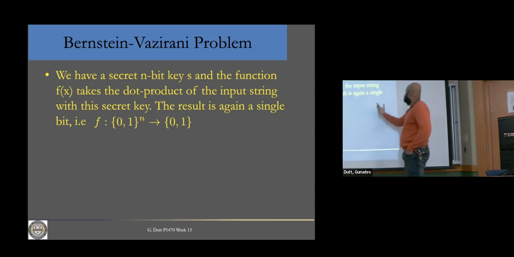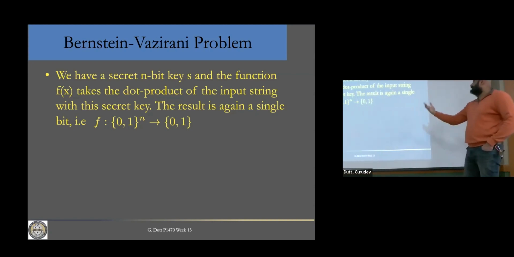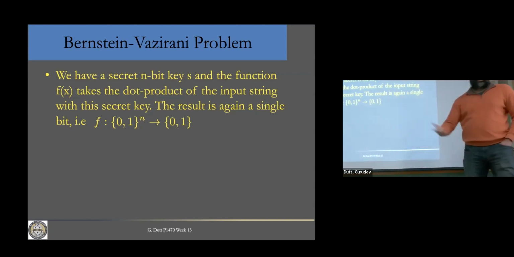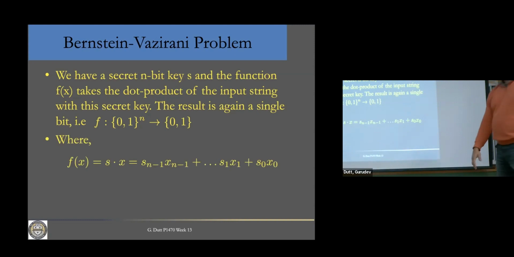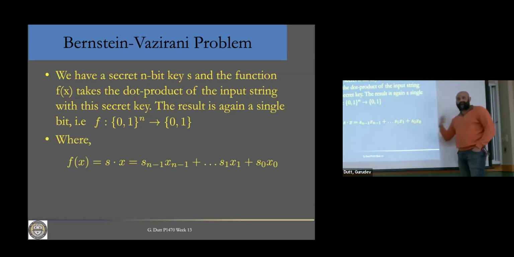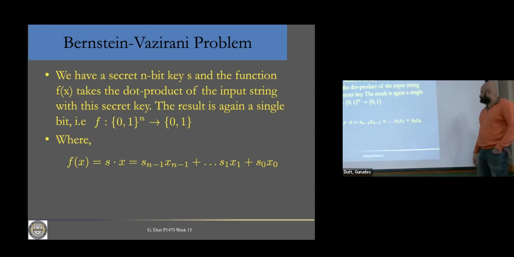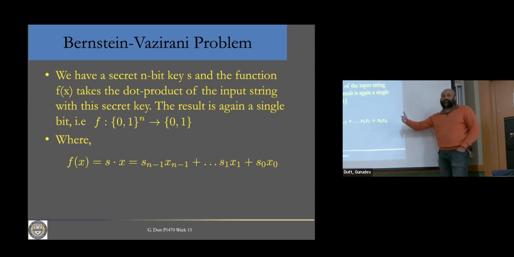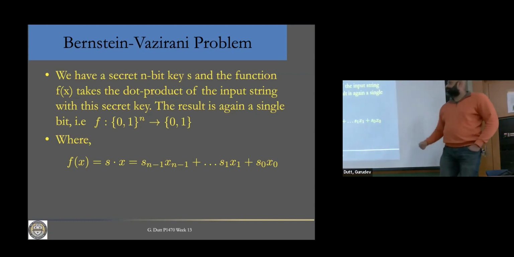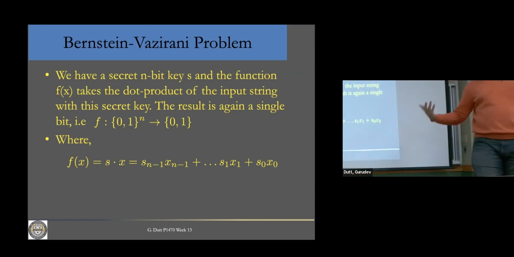The function f of x takes the dot product of the input string with the secret key, that is, f of x equals s dot x, where s dot x is the dot product that we saw in the previous Deutsch-Jozsa problem. It's different from being constant or balanced, as you can see, since it depends on the secret key S. And of course, the problem is to find the secret key S.